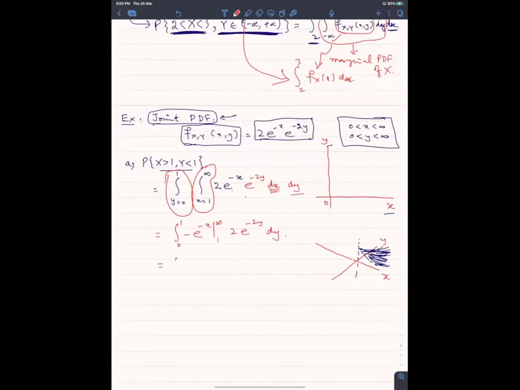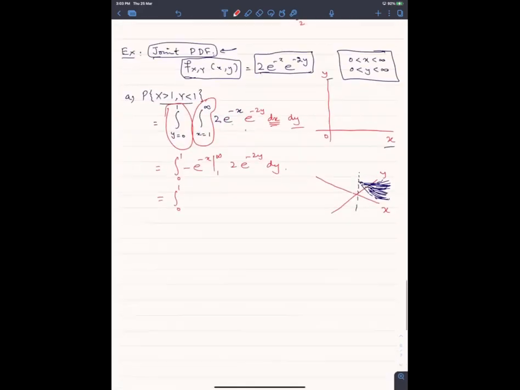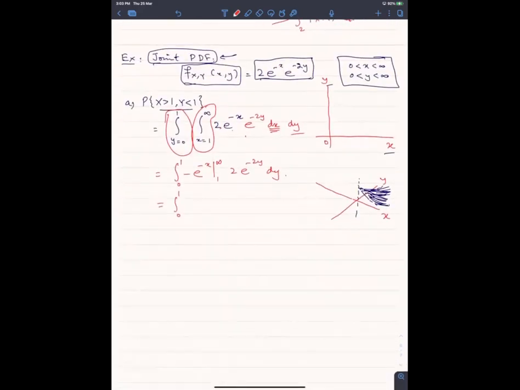So this would be equal to 0 to 1, and e to the minus infinity is 0, and this would be equal to e to the minus 1 into 2 e to the minus 2y dy. Okay, so this would be equal to e to the minus 1 integral 0 to 1 2 e to the minus 2y dy. इसको इंटीग्रेट करें आंसर आ जाएगा आपके पास.